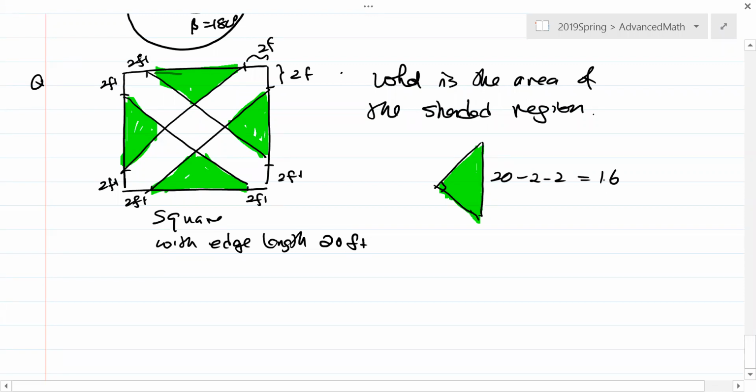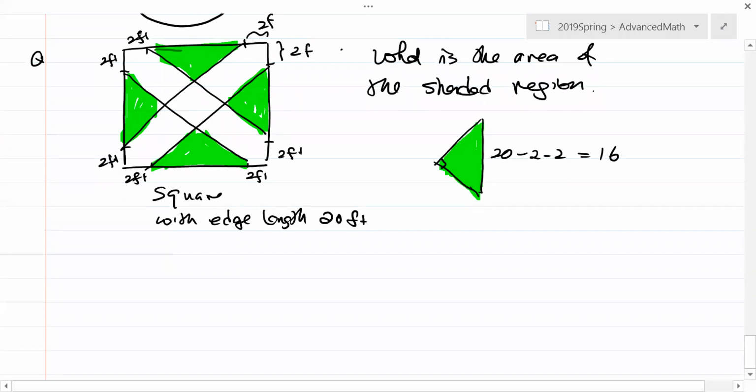If it's an isosceles triangle and you know the third side, then you can find the area. So this side is going to be 16 over square root 2, because when I add them together.